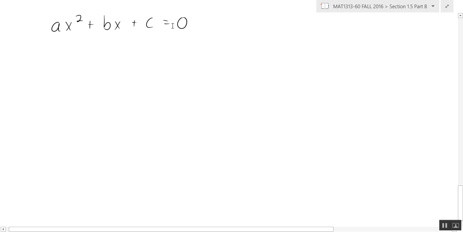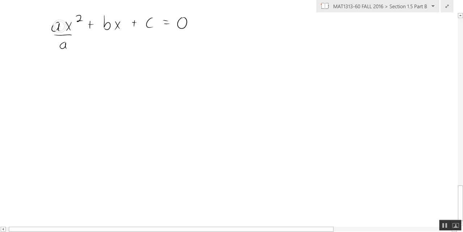Now, if I wanted to solve this by completing the square, well, I told you that you had to have a 1x squared, right? So to get a 1x squared here, you would have to divide this term by a, so that they would cancel out. But you can't just do that without there being some kind of consequence.